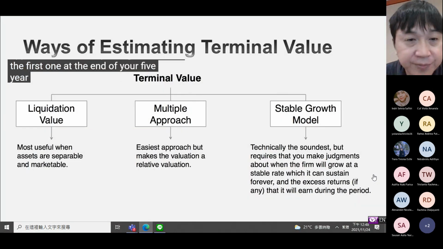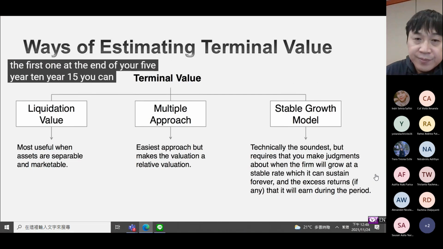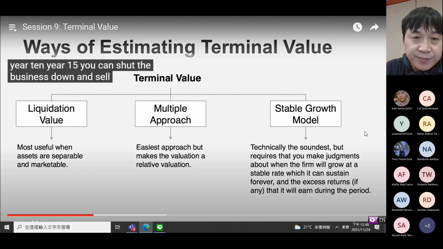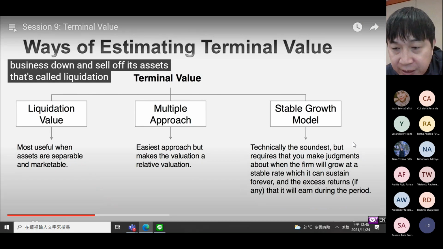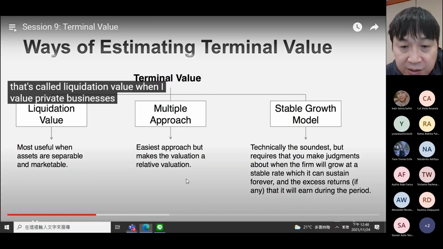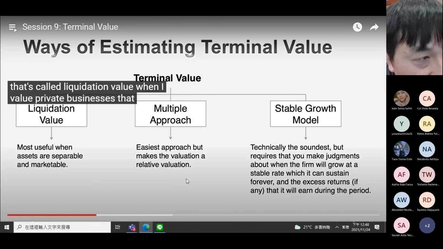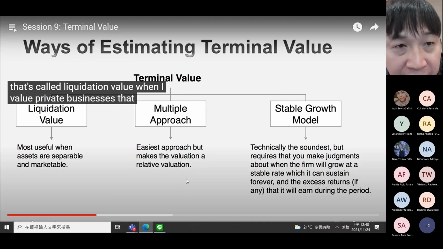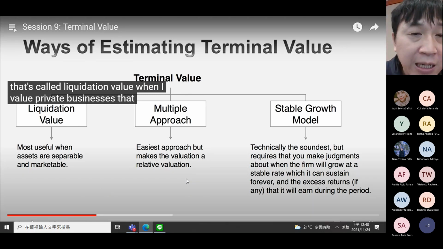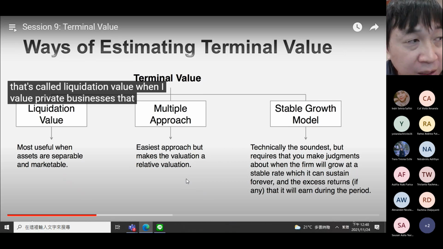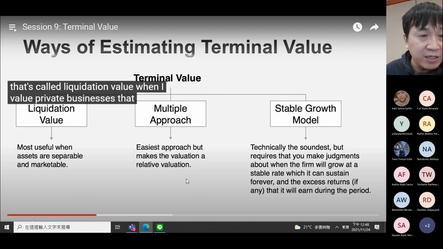At the end of year 5, year 10, year 15, you can shut the business down and sell off its assets. That's called liquidation value. When I value a private business, it is a similar concept. Here, our target is the terminal value. So we use liquidation, like you sell the asset in the public markets.